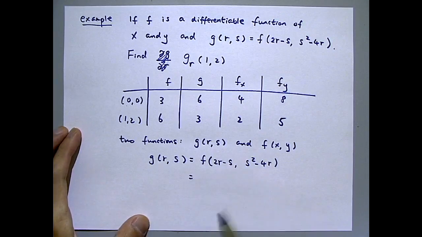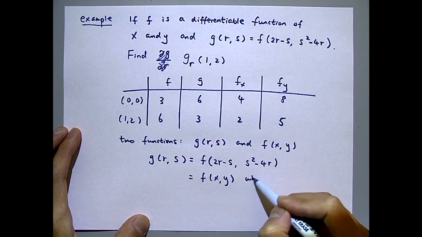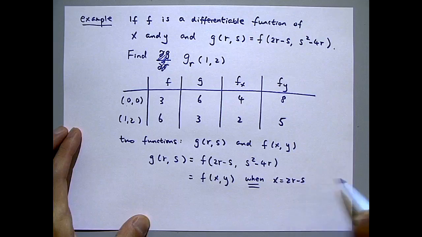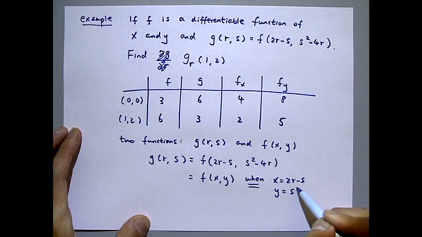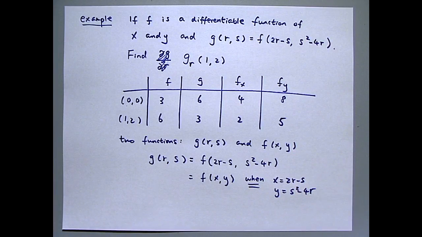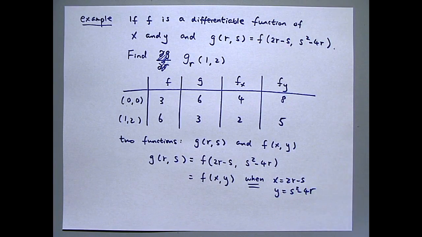All right, so this is what it really means. These 2 things are not equal in general, except that in this very specific configuration, when you make x equal to 2r minus s, y equal to s squared minus 4r, then these two functions will give you the same number back.